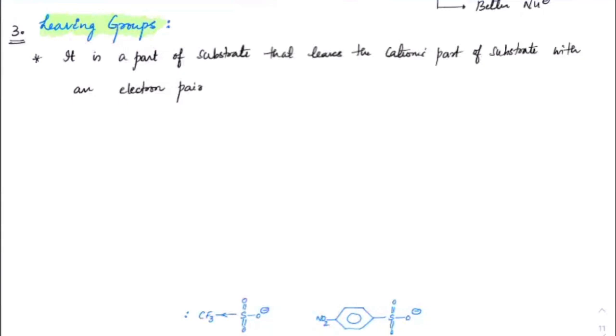With an electron pair. In short, after it comes out, it will be a base. So it is just a base which is coming out of the substrate. And how we can remember it: the more stable the leaving group, the better is the leaving ability.